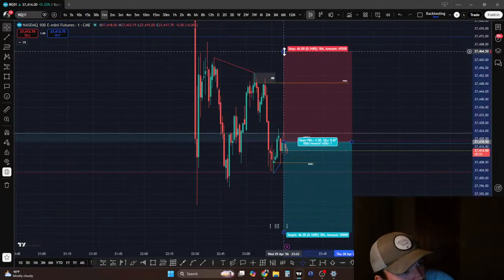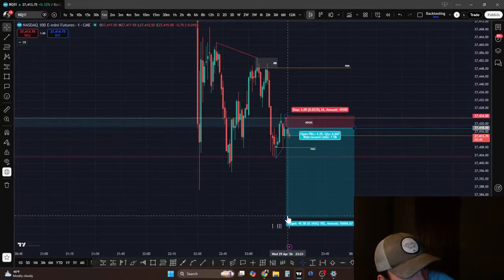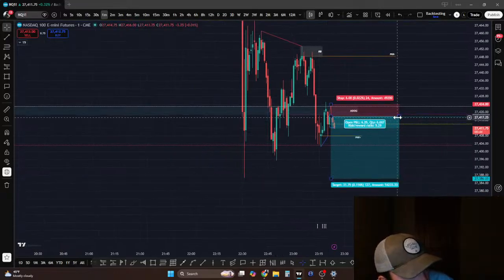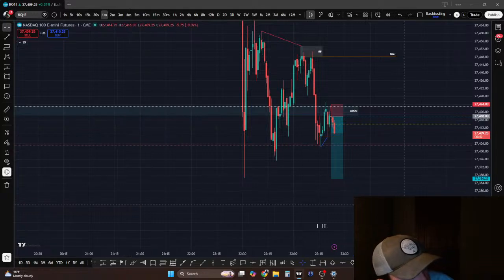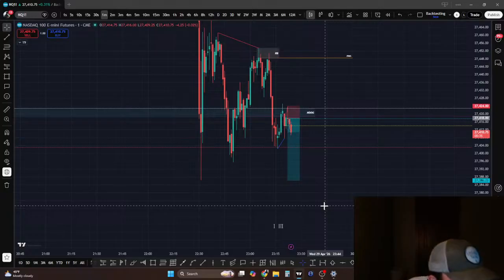I might try tape reading this. I don't have conviction in it, but actually I kind of like it. I'm probably gonna retest it.